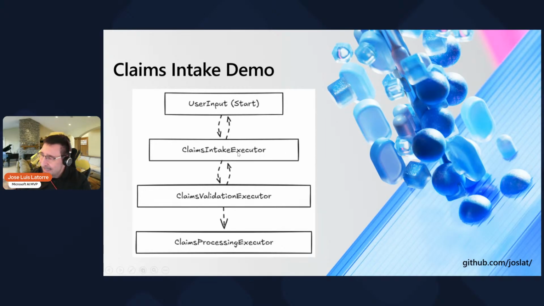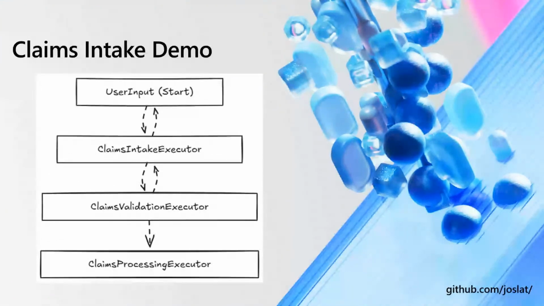This agent is meant to talk to the user and get details of a claim, and it will not proceed until it thinks the claim is complete, basically. And then it will ask things of the user and fill in, and for this, it's filling up an internal structure. And also it's accessing some tools.